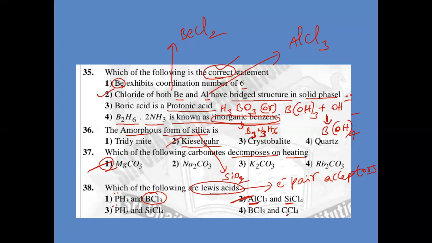But CCl4 cannot act as a Lewis acid. Why? Here the central atom is carbon, and carbon does not contain empty d orbitals. So CCl4 cannot act as an electron pair acceptor, but SiCl4 will act as an electron pair acceptor due to empty d orbitals. So option 2 is correct here.